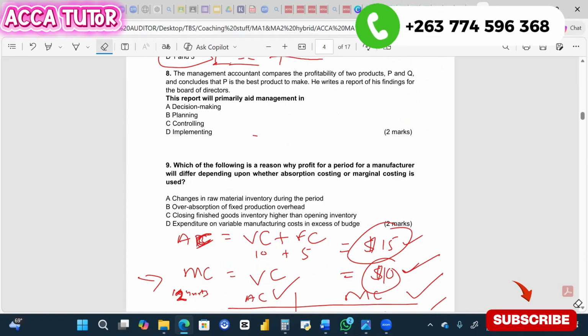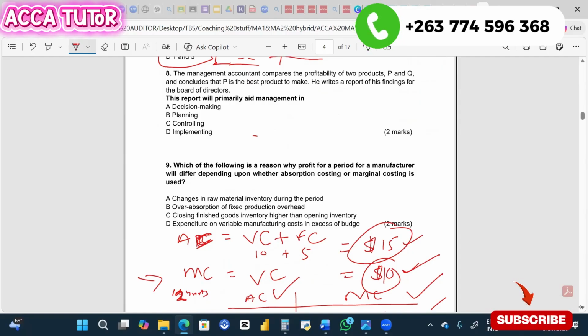The management accountant compares the profitability of two products. Did you do that question? No, we didn't do it. We skipped it. The management accountant compares the profitability of two products, P and Q, and concludes that P is the best product to make.